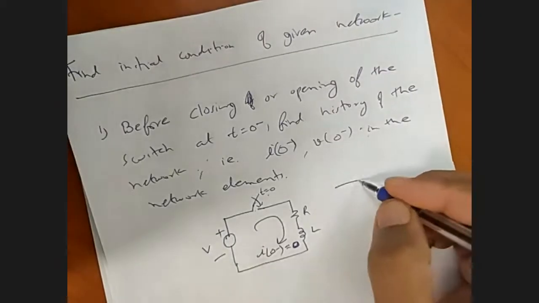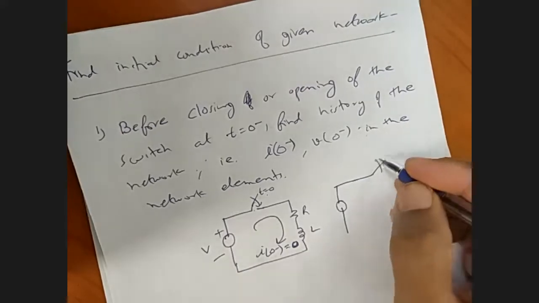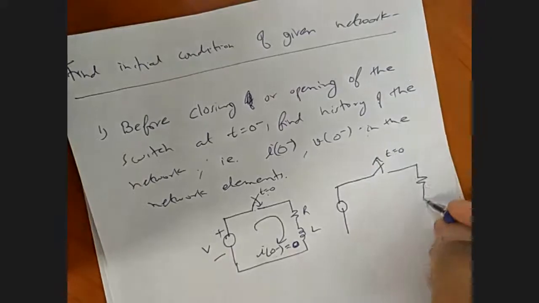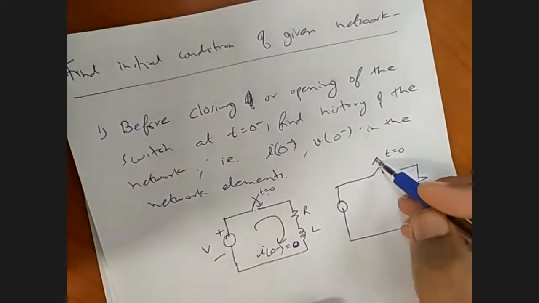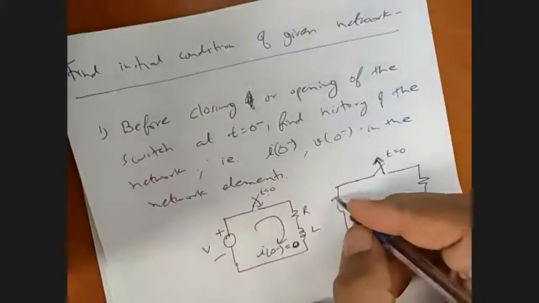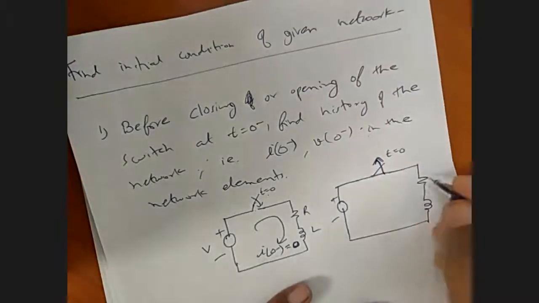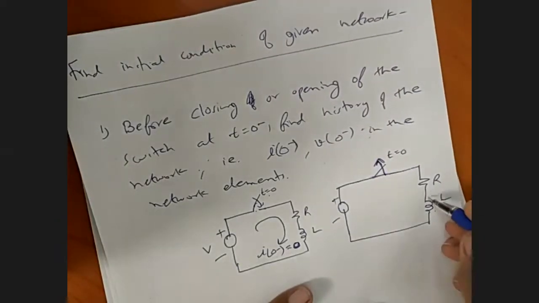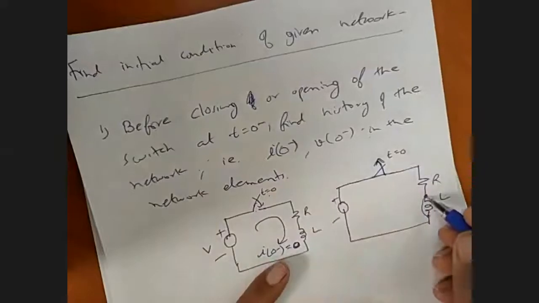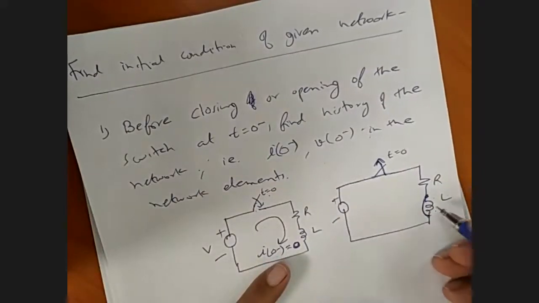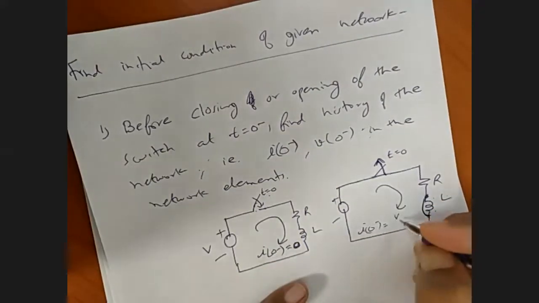And if we have a circuit where at t equal to 0 इस स्विच को ओपन किया गया, that means before t equal to 0 this switch is closed, and because this switch is closed, inductance will behave as short circuit, so your I0 minus will be V by R.